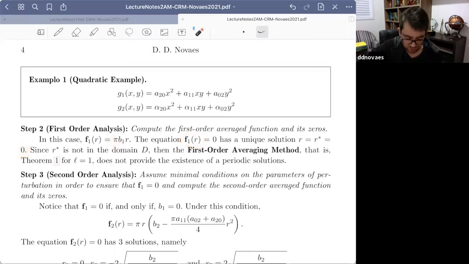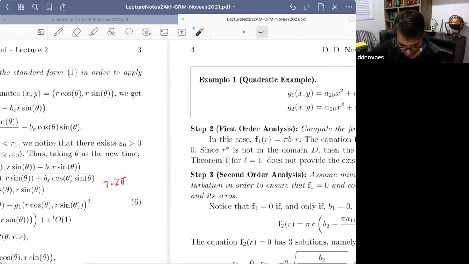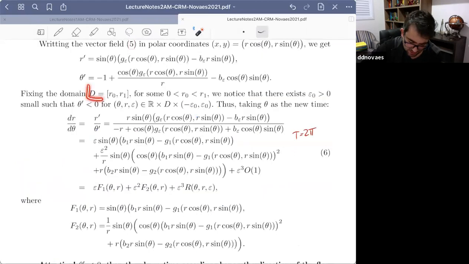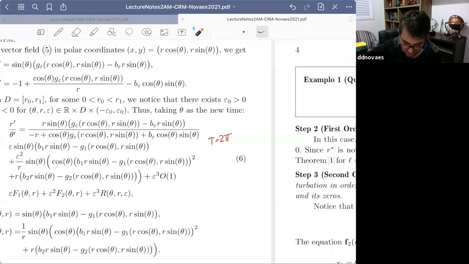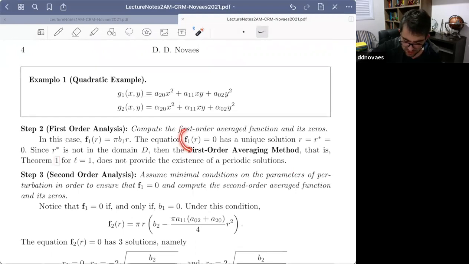Here we have to remember our domain. So what is our domain? Our domain is D equal to (R0, R1), and R0 is strictly positive because we are in polar coordinates. So we do not have solutions of this equation in the domain. So this 0 does not correspond to limit cycles of our differential equation.